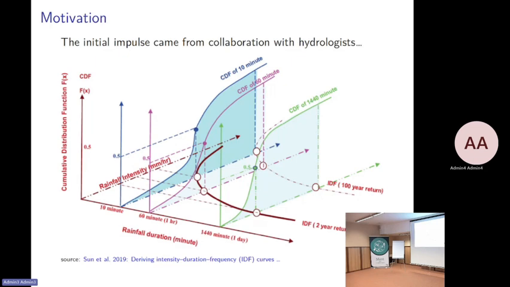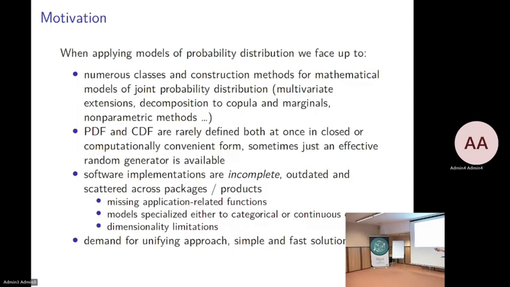So we always need to work with joint distribution probability. For this, it is quite difficult to use tools, either theoretical or practical. I mean, software tools, because every tool is good for some part of the modeling problem, or more precisely, an application of the problem.